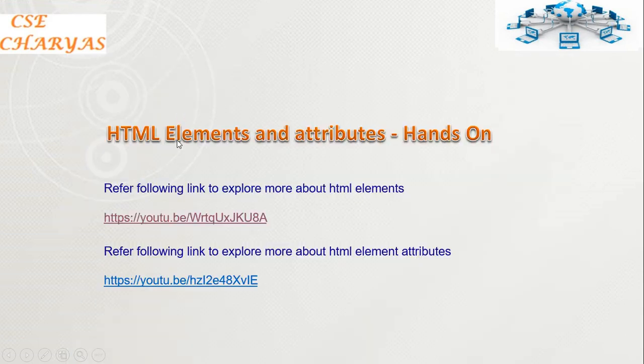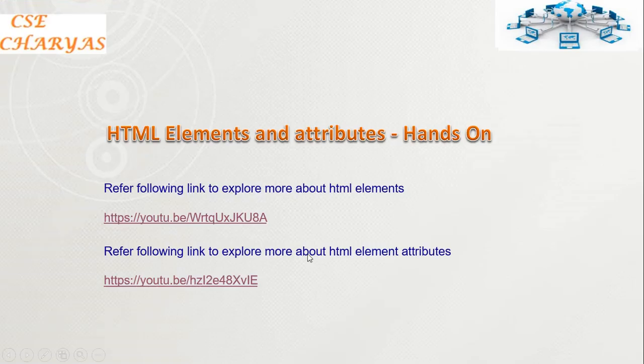I already explained HTML elements and attributes with practical exercises in my video. You can explore this. If you want to explore more about HTML elements and attributes, please click on this video link. You can explore more HTML elements. Now if you want to see more about HTML attributes, please click on this video. Once you click on this, it automatically navigates to my channel.